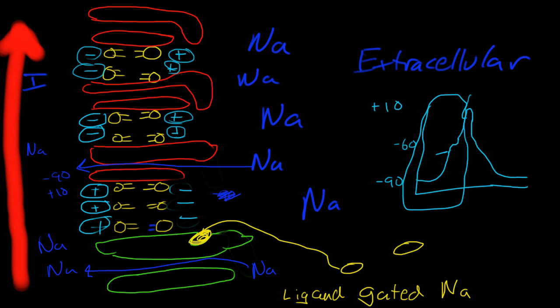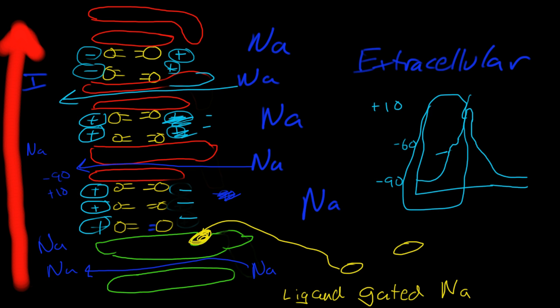Okay, and again, this continues on down the line. These change into positives, these change into negatives. This triggers the next sodium gate to open up, which allows more sodium to enter.